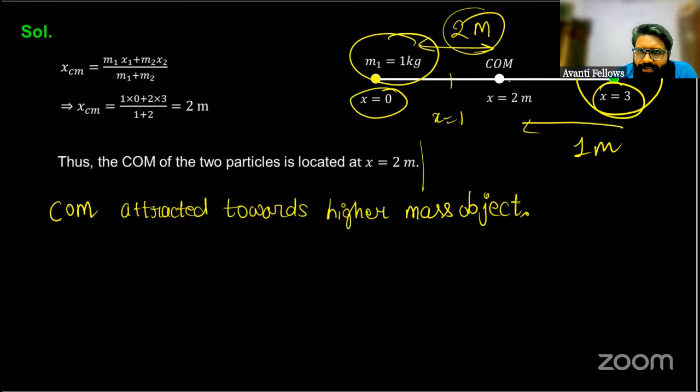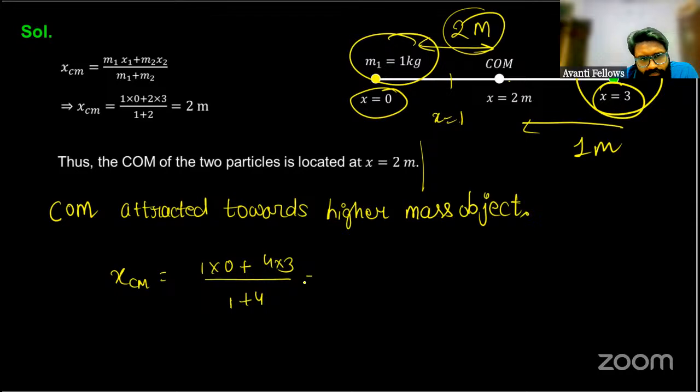ठीक है. अभी इसी क्वेश्चन में इफ आई टेक इट एज 3 और लेट से 4 kg, m2 को 4 kg ले लो, XCM will become what, 1 into 0, 4 into 3 divided by 1 plus 4. It is 12 divided by 5, which is 2.4. ठीक है.